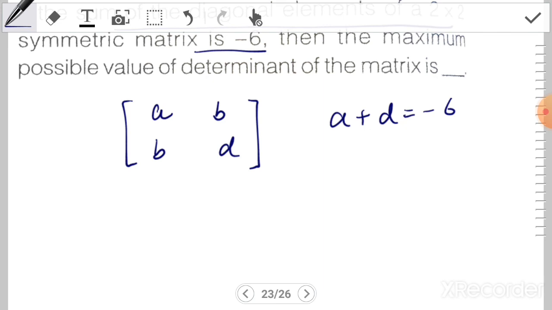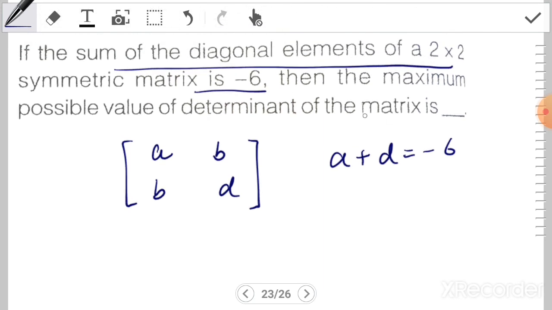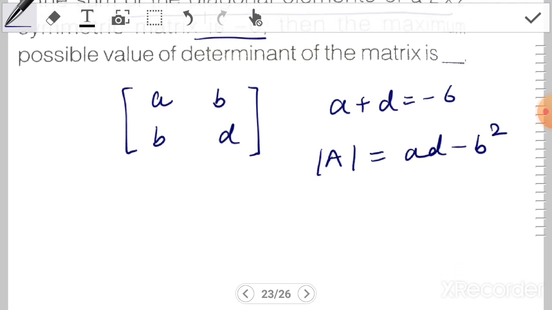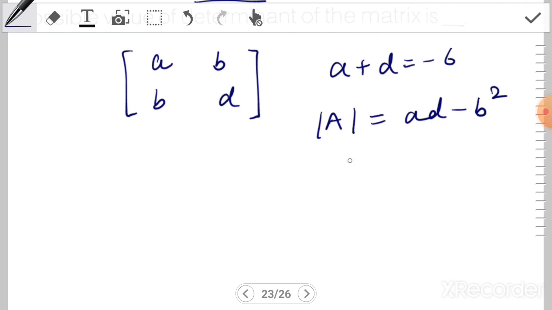Now the determinant of A is ad minus b square. Since b square is always non-negative, the maximum determinant will come when b is equal to 0. Then we need to maximize only ad. Okay, we'll take b as 0.